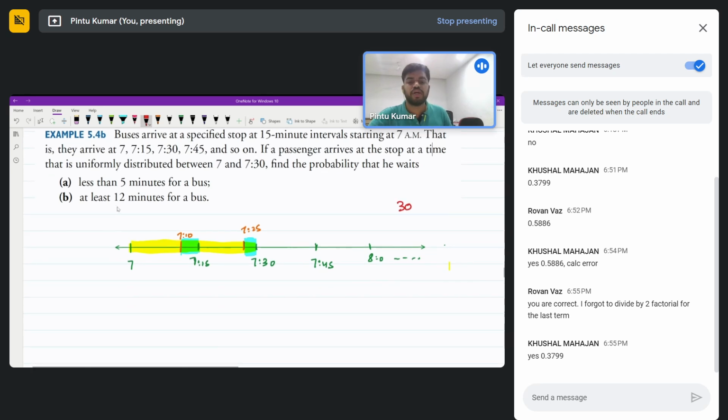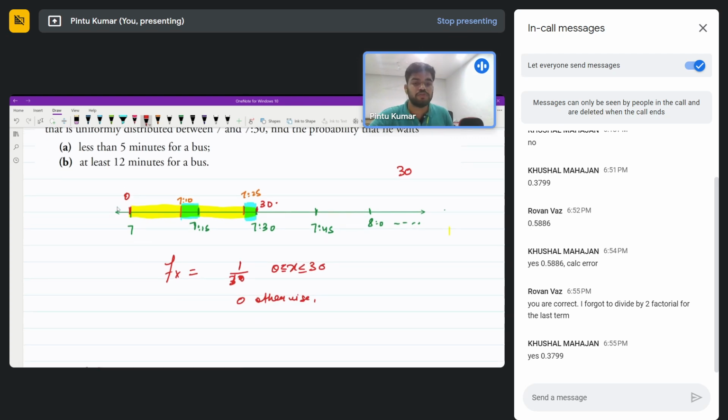So if you look at the uniform distribution, this is given by 1/30 if x is between 0 and 30, so this point maps to 0, this point maps to 30, and 0 otherwise. So here are two small windows of 5 minutes.